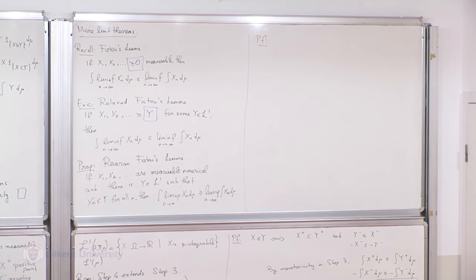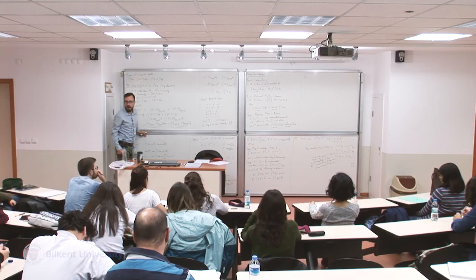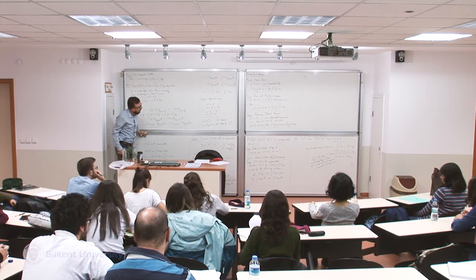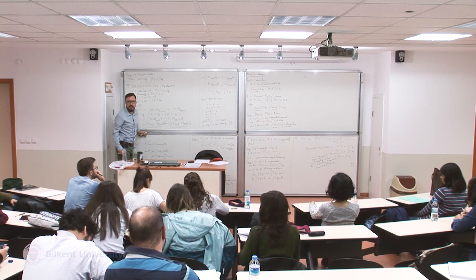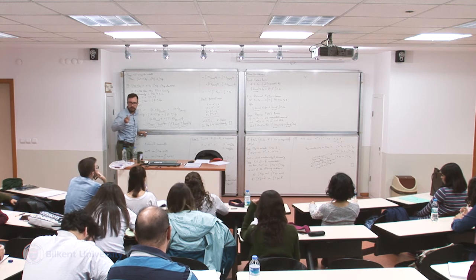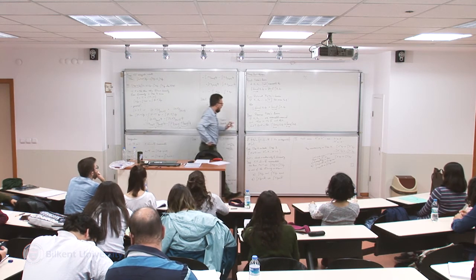So it is just the reverse, but how should we prove it? You can even use relaxed Fatou, I guess. Yeah, let's use relaxed. It is just the sign switched. Just multiply by -1.